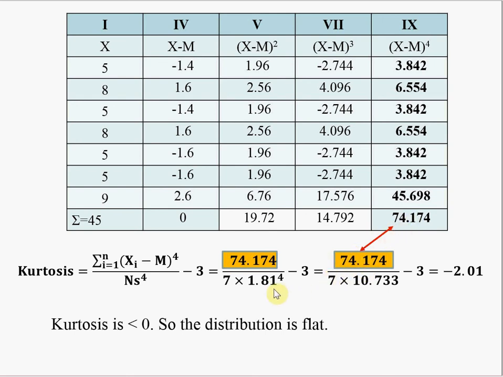At the bottom is the number of cases multiplied by the standard deviation raised to the fourth power, and 1.81 raised to the fourth power is 10.733. The whole thing minus 3 gives us negative 2.01. So kurtosis is negative, so the distribution is flat.